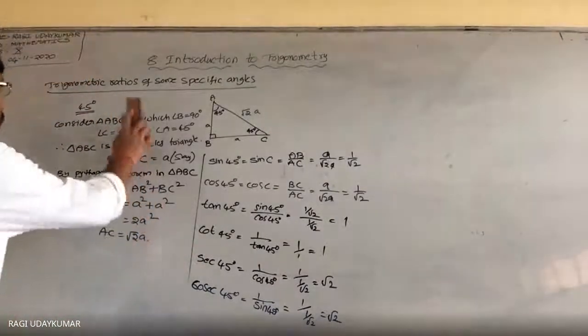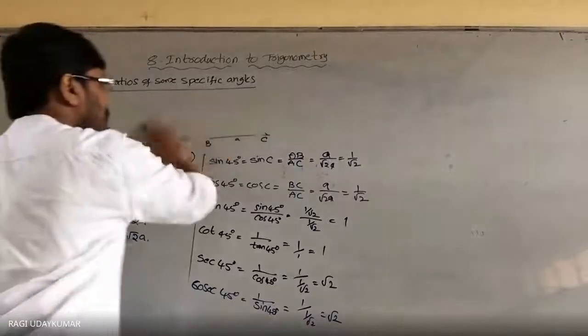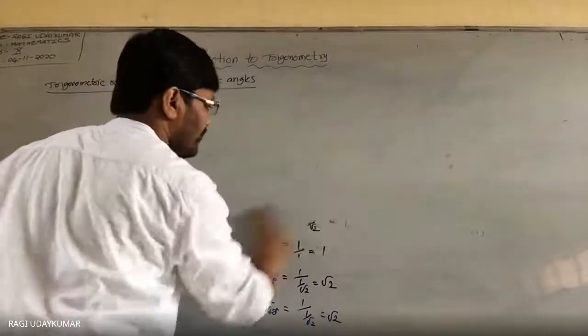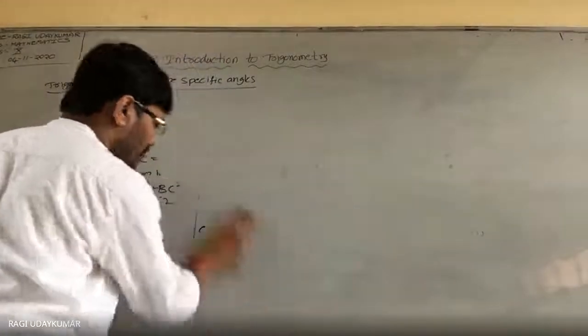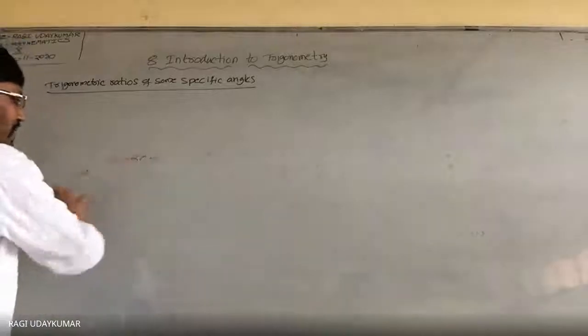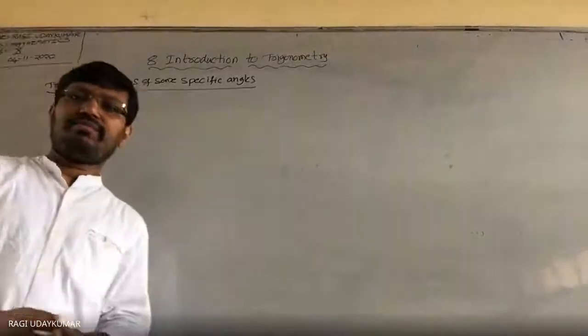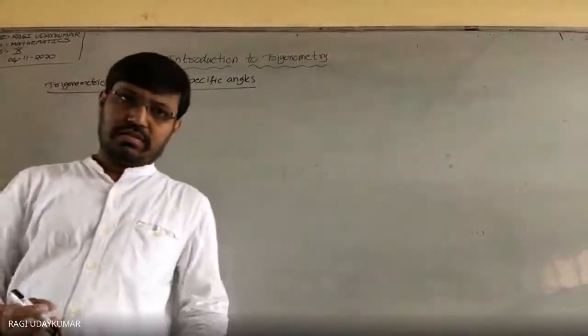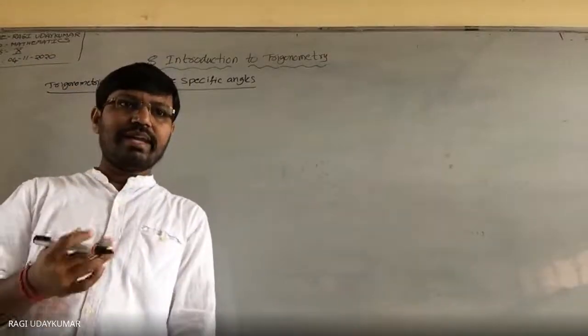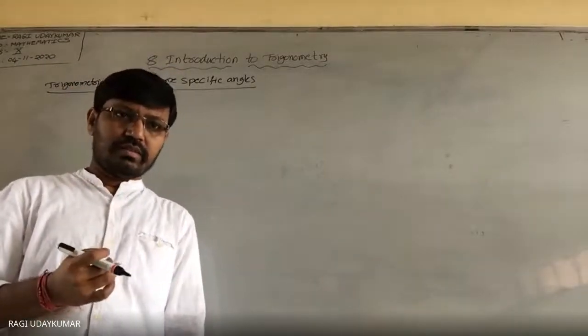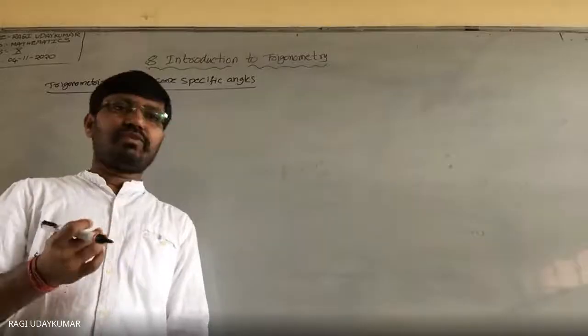Okay. So I am going to explain how we find all the trigonometric ratios for 30 degrees and 60 degrees. You have to remember now. Whenever I ask, what is the value of sine 45 degrees? 1 by root 2. Cos 45 degrees? 1 by root 2.